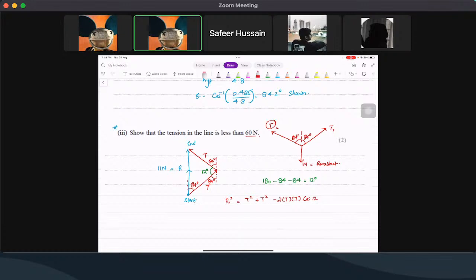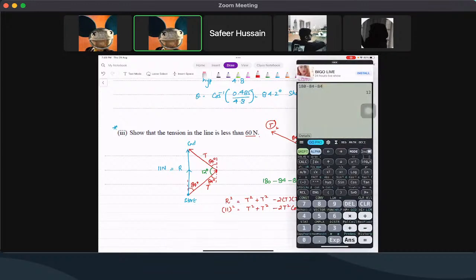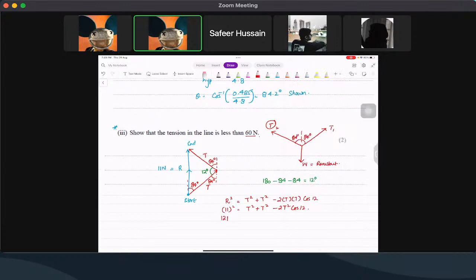Now r has a value of 11, so 11 squared is 121. This will be 2t squared minus 2t squared cos of 12. Any questions?